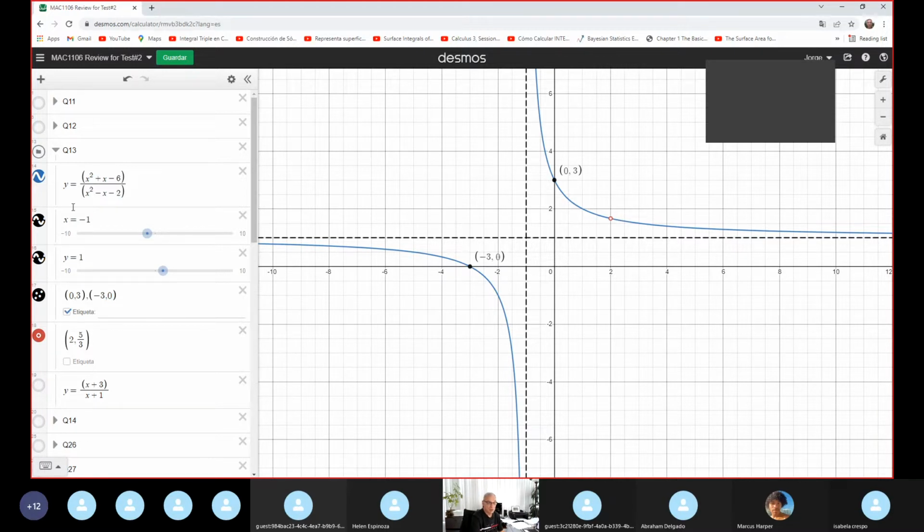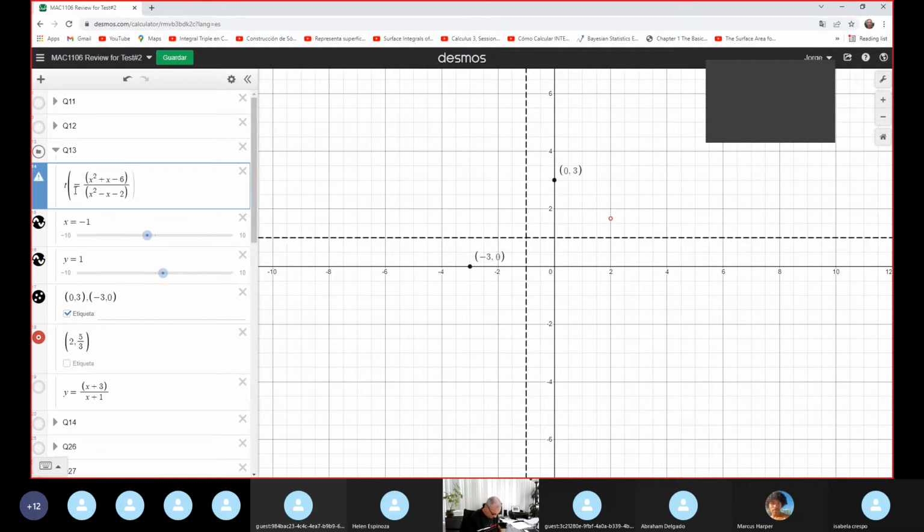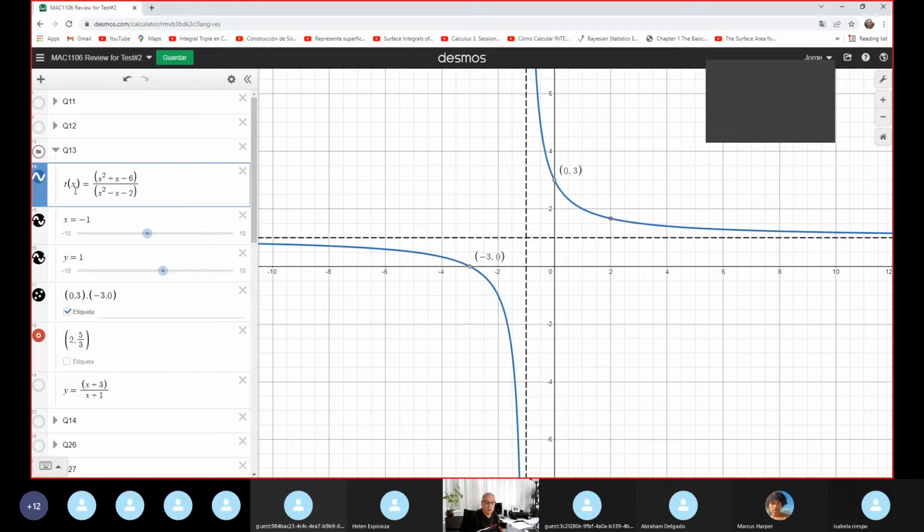Suppose when I did the script in Desmos, I called it y. It's possible. But I take advantage of function notation. So now f of x, g of x, p of x, any letter, any name. T of x is equal to this, and it doesn't change, it's the same.